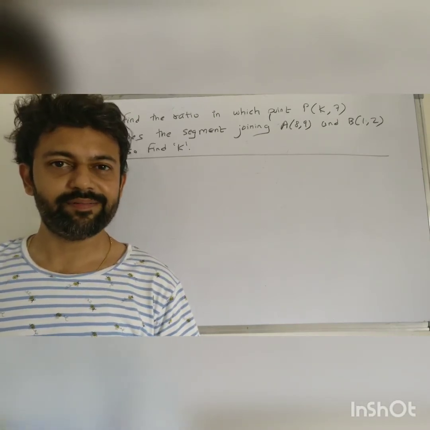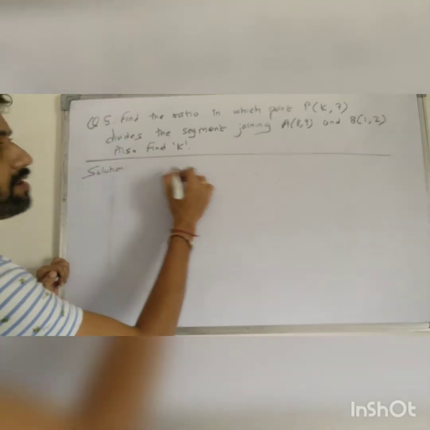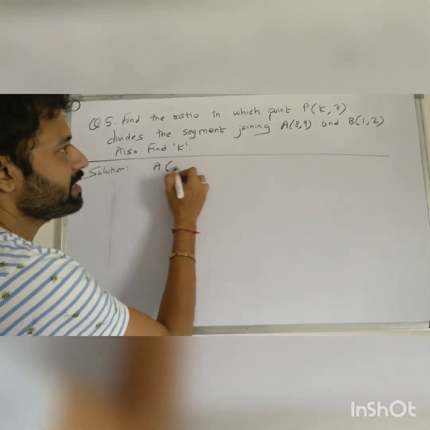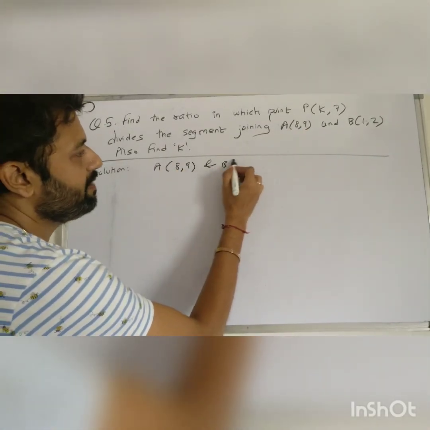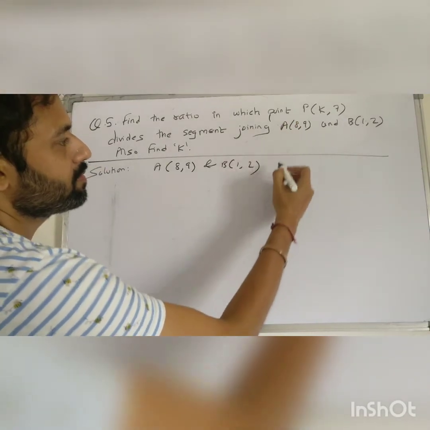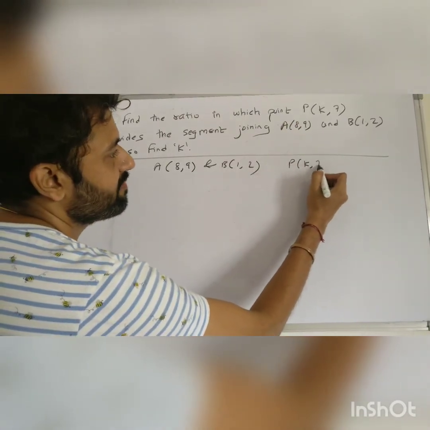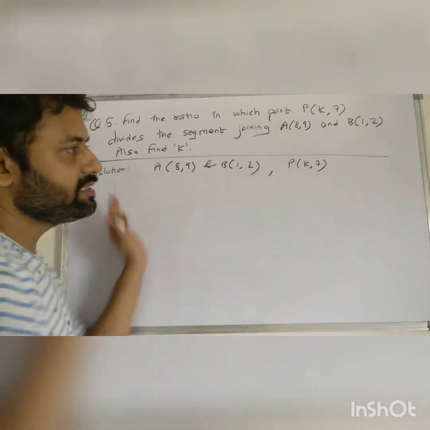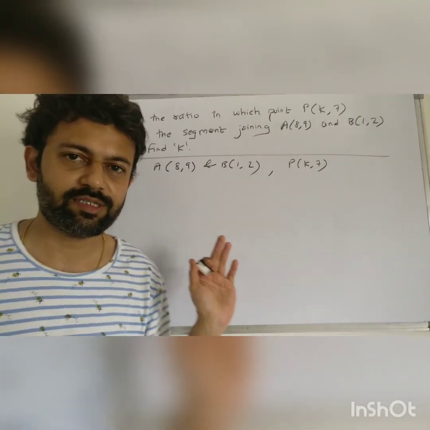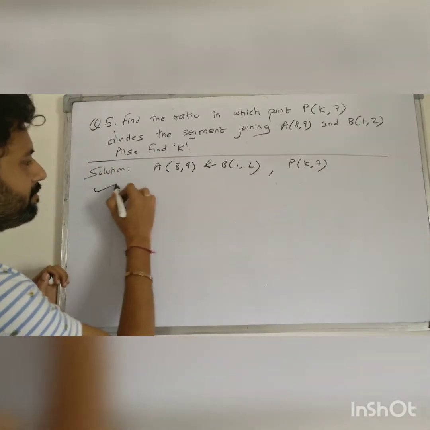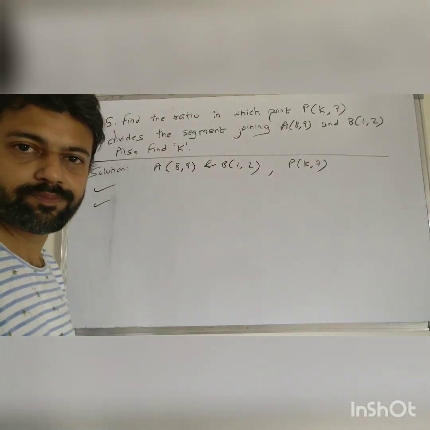Well, I'm just writing the points A 8,9 and B 1,2. P is k,7. That's it. This is the way how you can just mention the points. Well, I'm writing my main two statements.